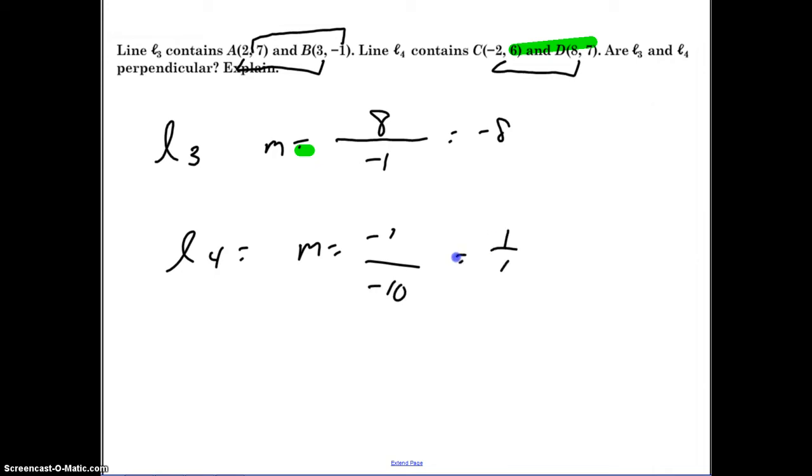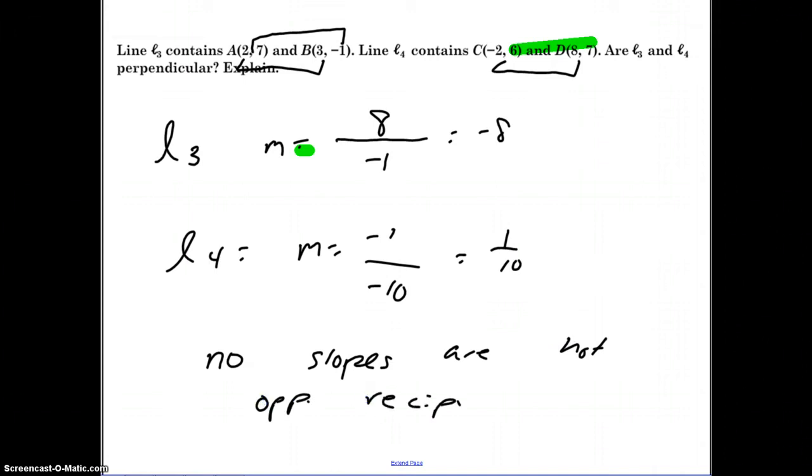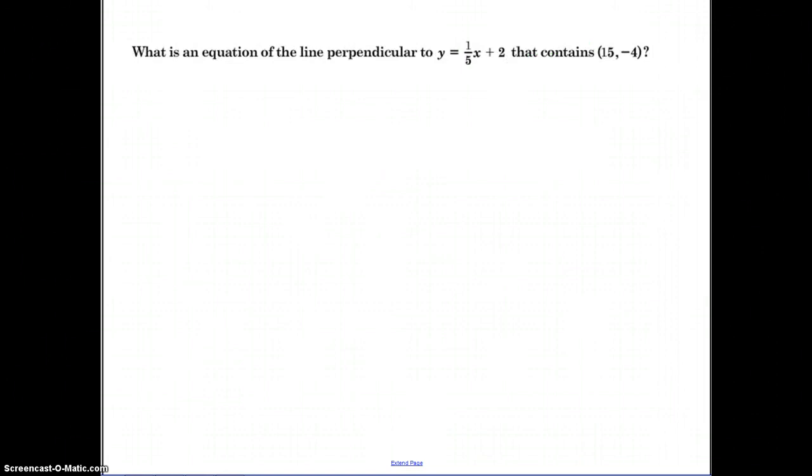So my slope here is 1 over 10. So my question is, are these perpendicular? Well, no. So explain, the slopes are not opposite reciprocals.